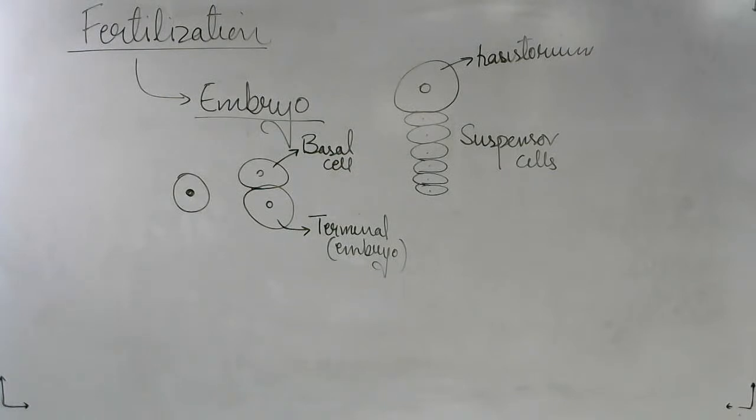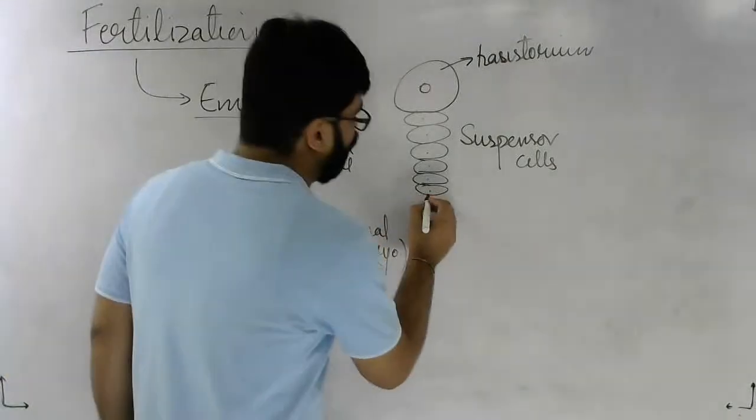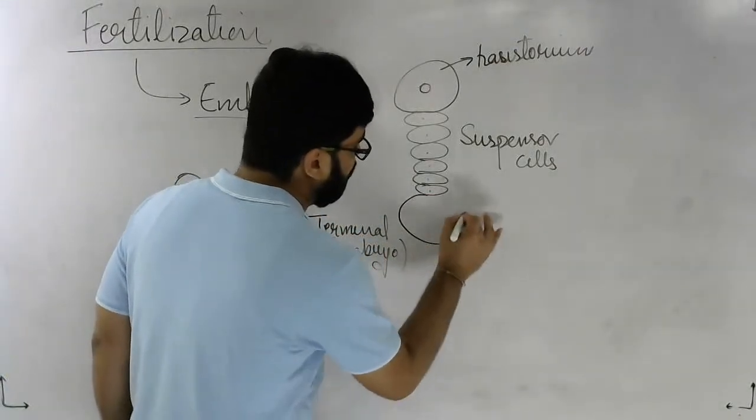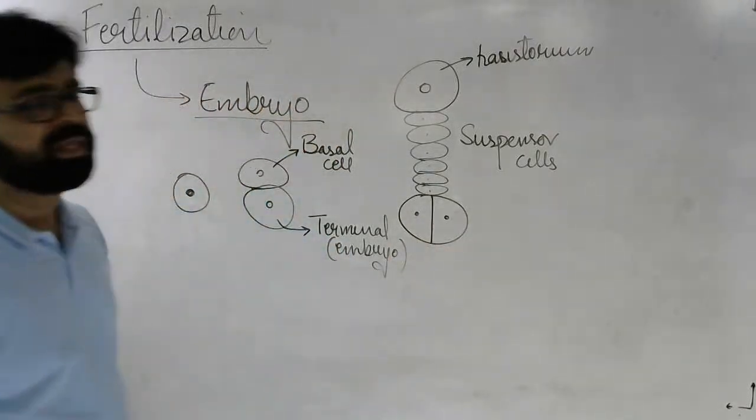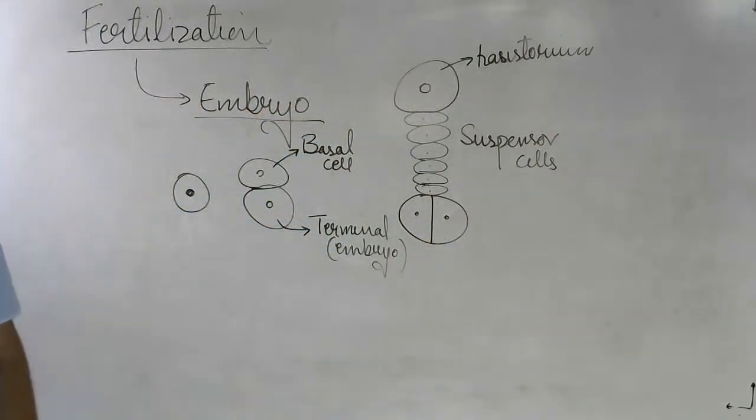Now, the terminal cell also divides. Okay. How the division takes place in terminal cell? First of all, one vertical division. Okay, this vertical division followed by a transverse division.